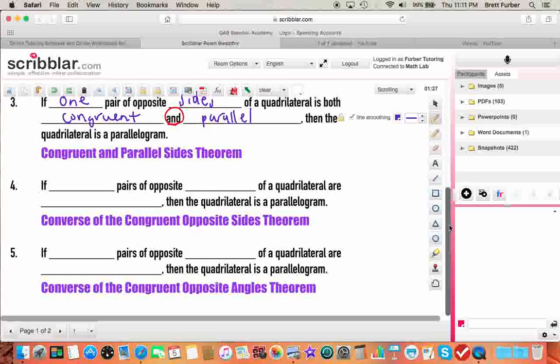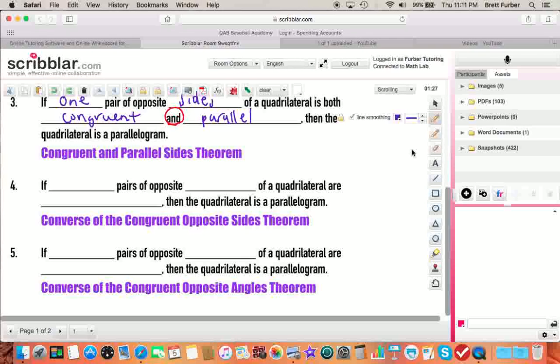All right, now let's come back to some of the converses. So the next one is the converse of the congruent opposite sides theorem. That was the second one on page 71. So instead of saying if a shape is a parallelogram, then it must have opposite sides congruent, we're going to state the converse of that.